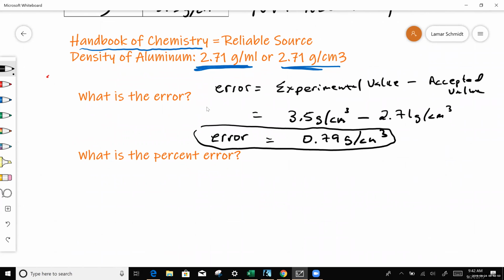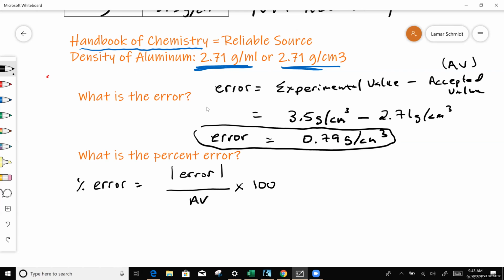What is the percent error? What is the formula for percent error? Percent error is equal to the absolute value of the error over the accepted value, which I'm going to put as AV, just so you know that's what I'm abbreviating, times 100.